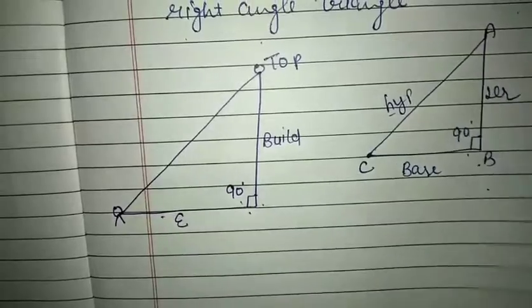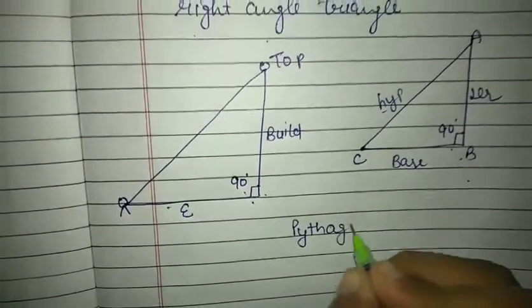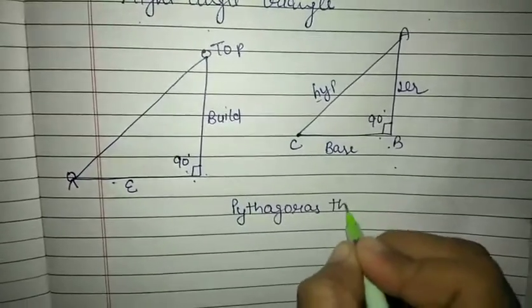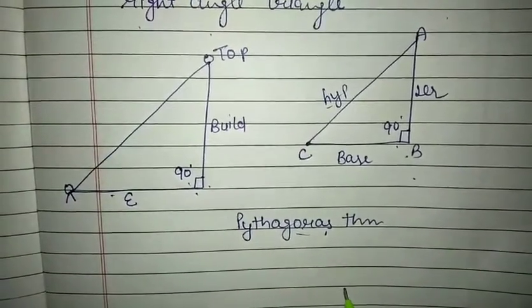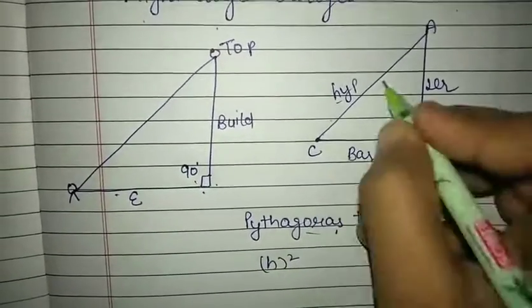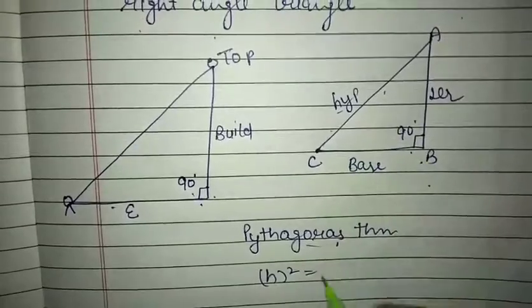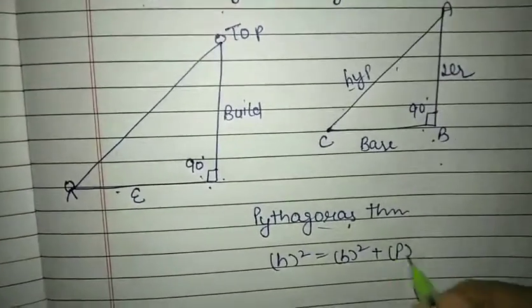Now there is one Pythagoras theorem, which is given by Pythagoras. According to this theorem, hypotenuse square is equal to base square plus perpendicular square.